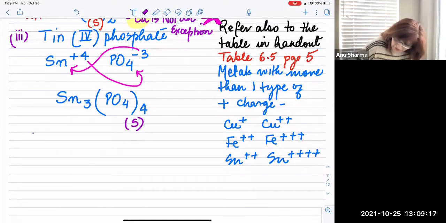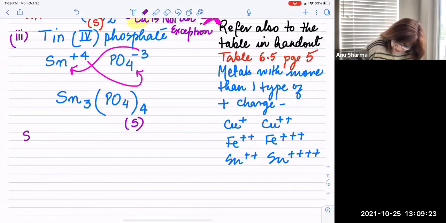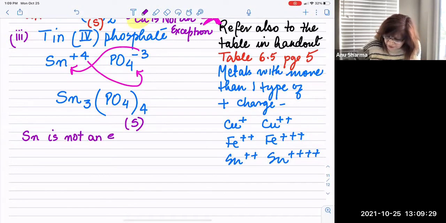And tin, Sn, is not an exception, which means that it is not group 1A.